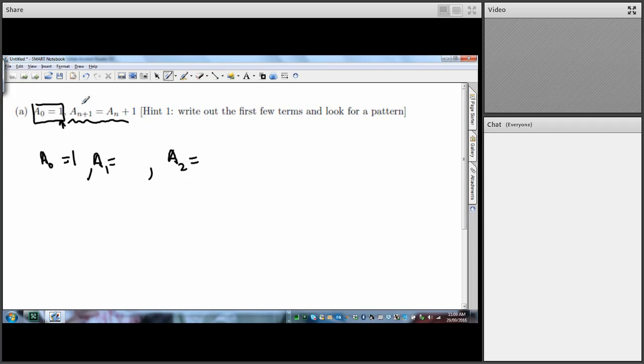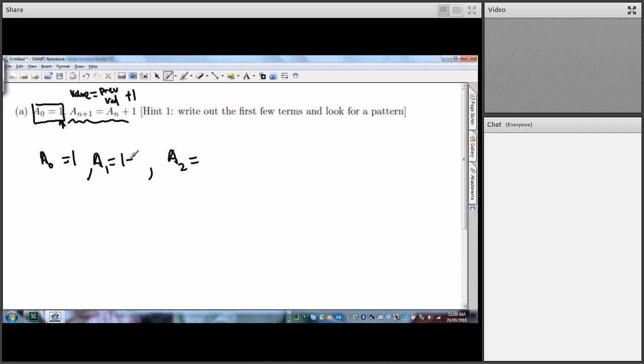That's okay. So we've got an initial condition and a recurrence relation. This is how it's been done. I would normally think of it as: a value is equal to the previous value plus 1.